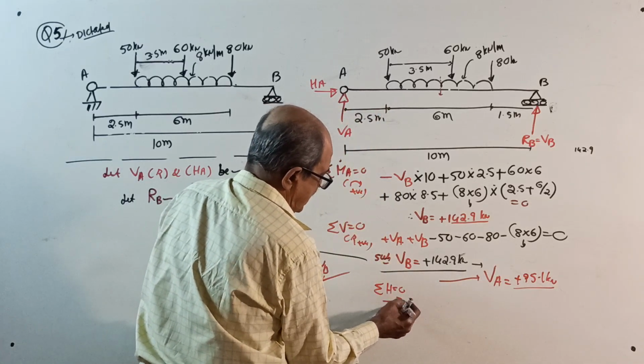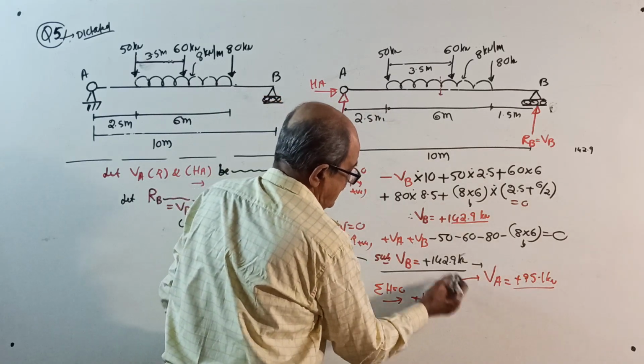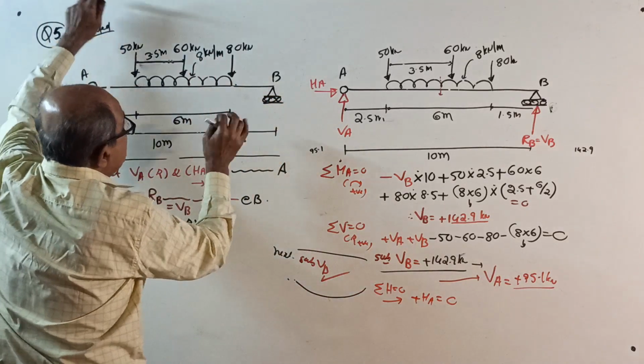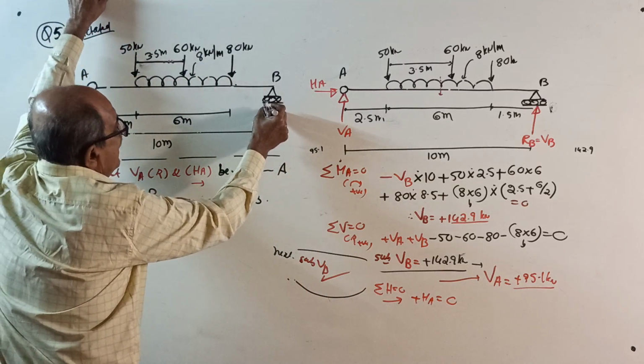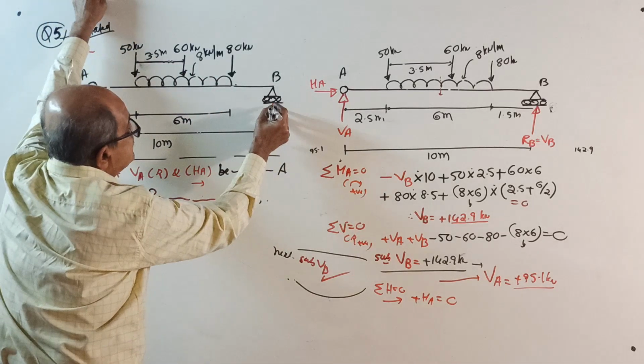Next time it won't come. Right side positive. No load is there. Only one reaction, cannot balance, equal to 0. Right. Therefore, make a neat entry here. Support reactions will be as shown below. Write one more sketch.